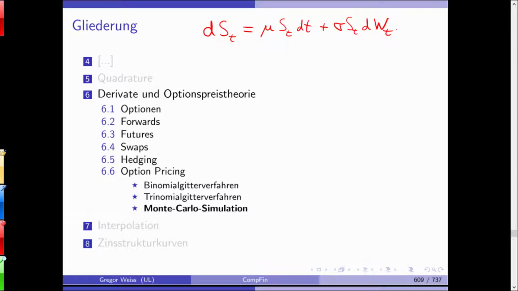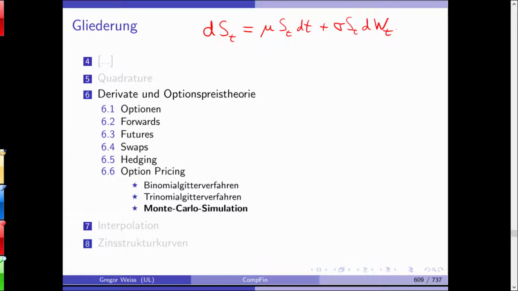We have a Wiener process, a very simple model for a stochastic process with independent, normally distributed increments, and you include a drift, you include a diffusion, and you have a geometric Brownian motion.